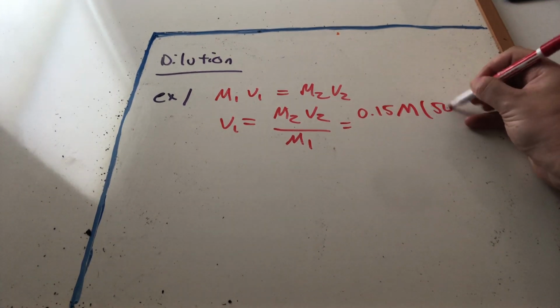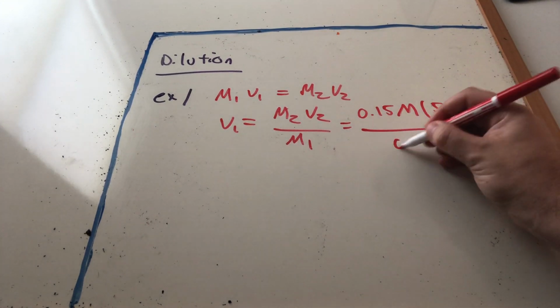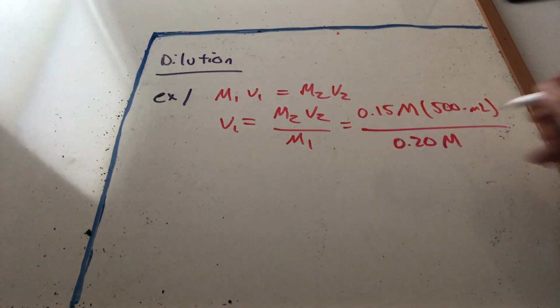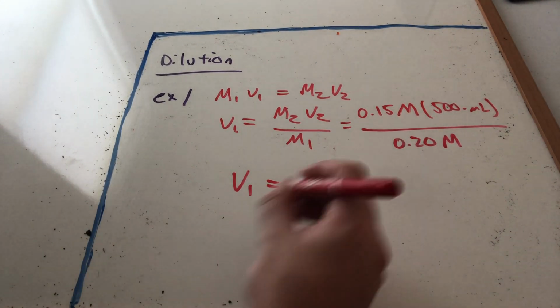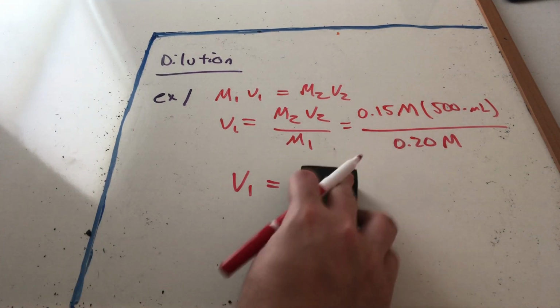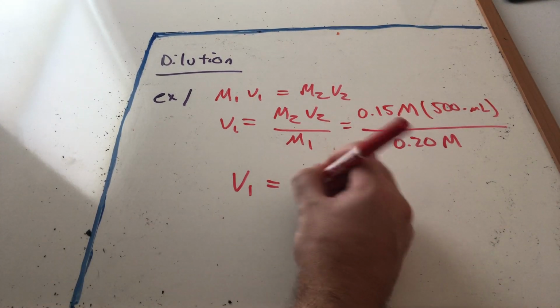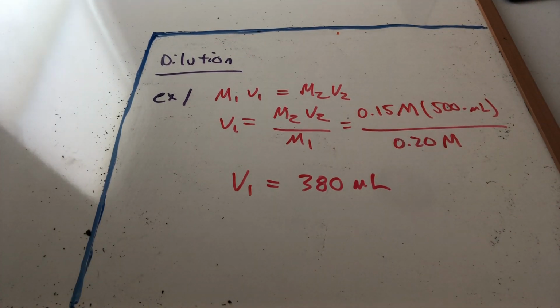V2 was 500 milliliters. My M1 was 0.20 molar. So that gives me a way to solve for V1. And when I do this, I get 380 milliliters.